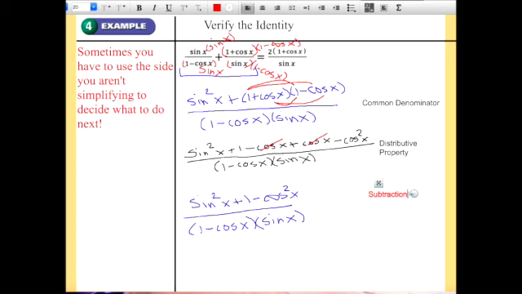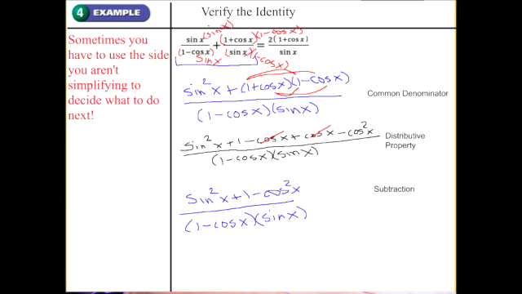But did you see what that left us with in the numerator? I saw it. That looked to me like a little bit of the Pythagorean identity. Do you see it? There it is, 1 minus cosine squared. My handwriting got a little crazy right there, but maybe I was just excited. So 1 minus cosine squared is sine squared.